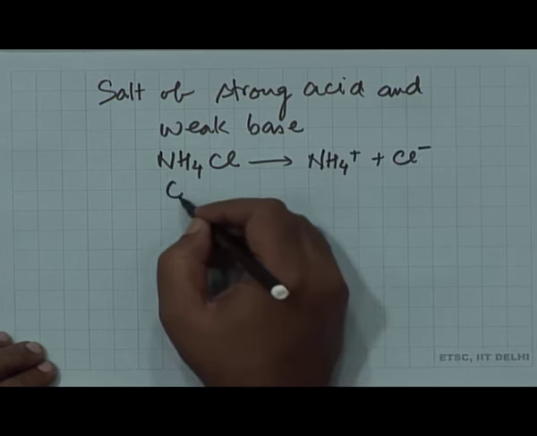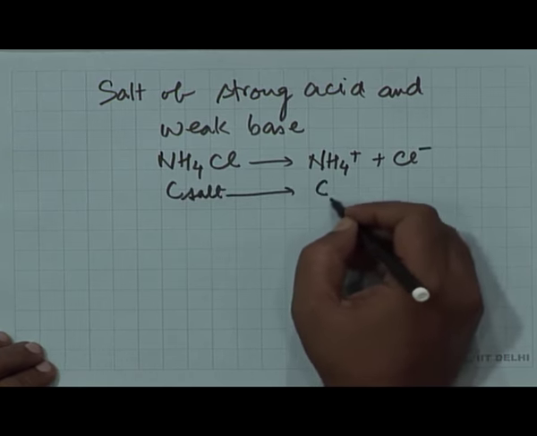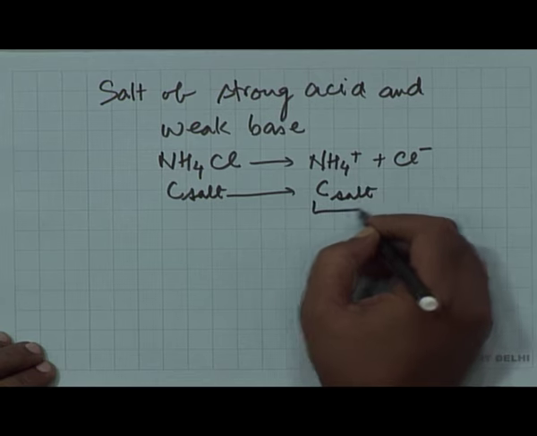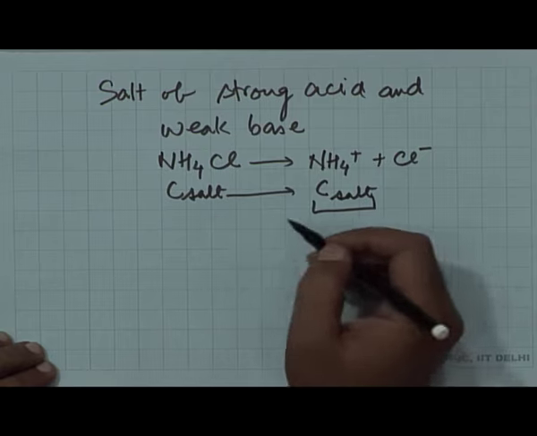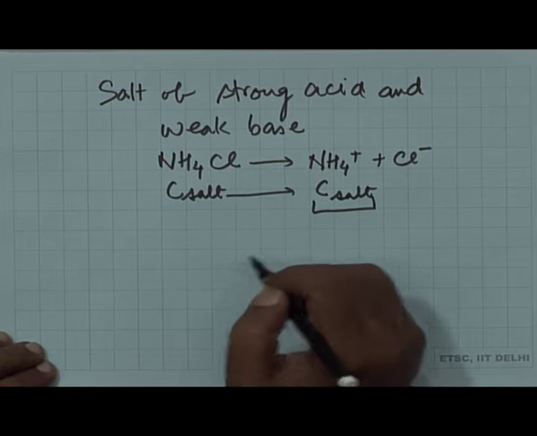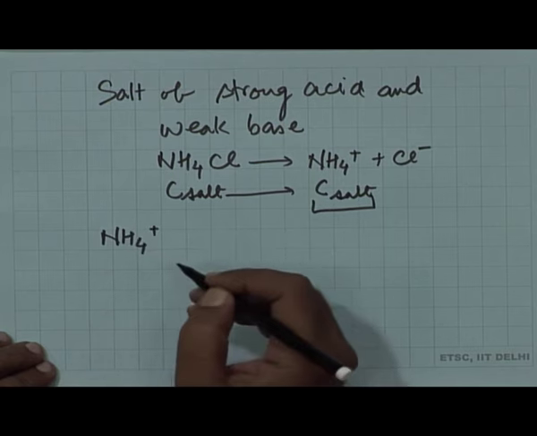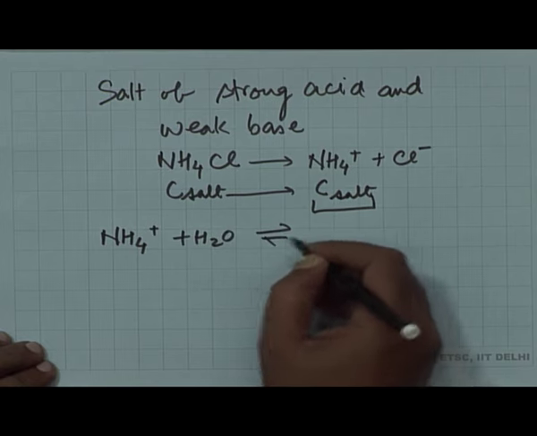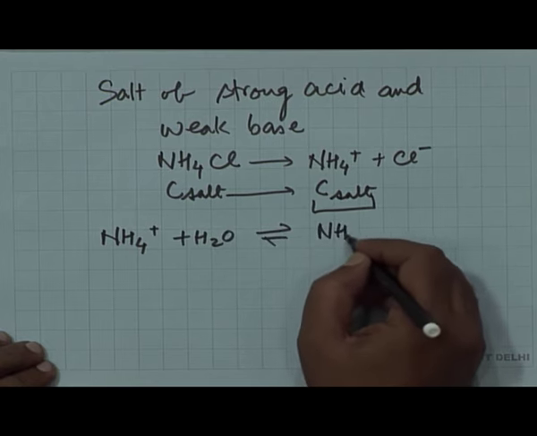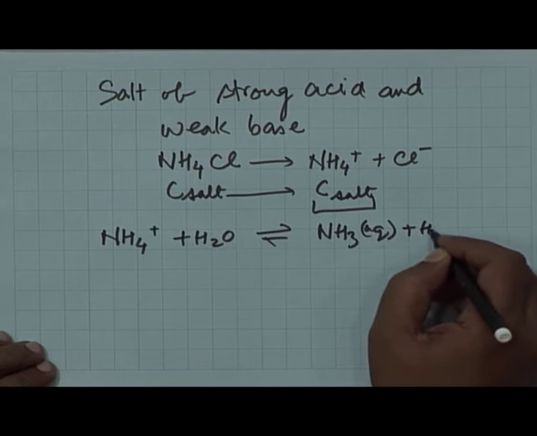So, this is your salt concentration C, then the concentration of NH4 will also be equal to C. Basically everything goes to NH4 plus ion. Now, NH4 plus ion with water will give you NH3 aqueous plus H3O plus.